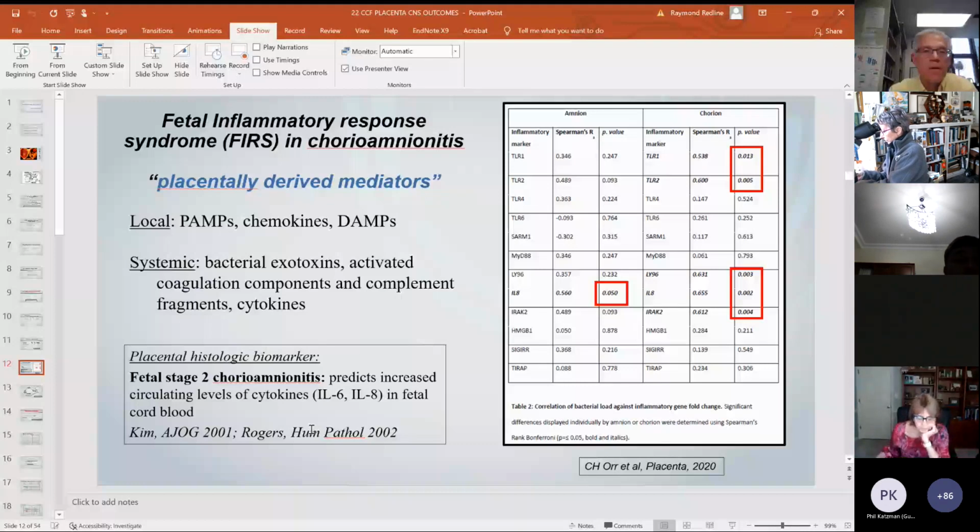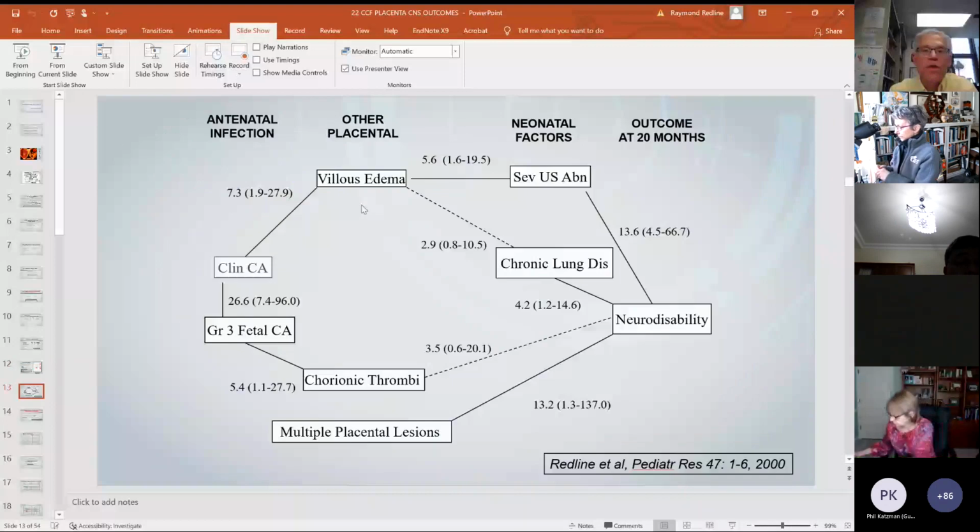We did a sort of path analysis because we thought that some of the clinical findings associated with CNS abnormalities in this population might be due to previous placental processes. And we found, first of all, that clinical and histologic chorioamnionitis are very strongly correlated with one another, but they don't always go together.